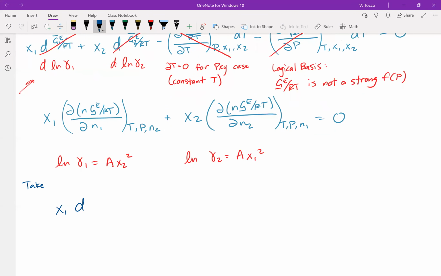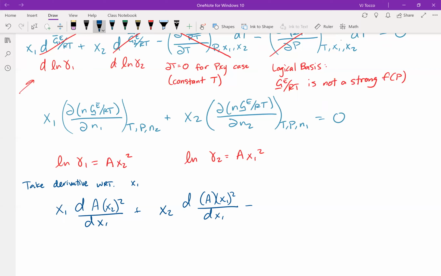So it's d of A x2 squared with respect to dx1, plus x2 times d of A x1 squared with respect to dx1, is equal to 0. So does this jive?